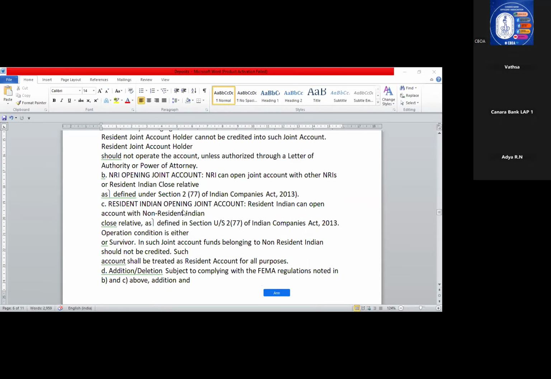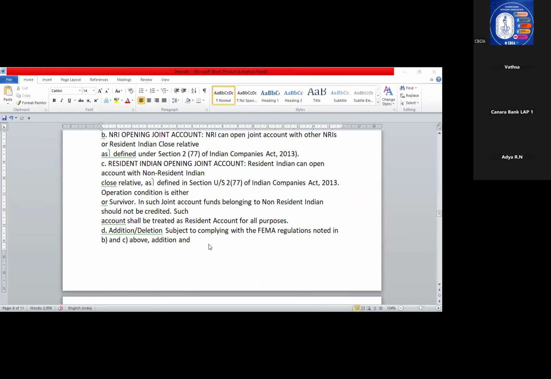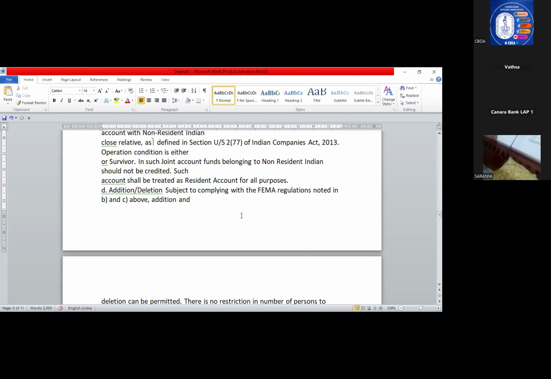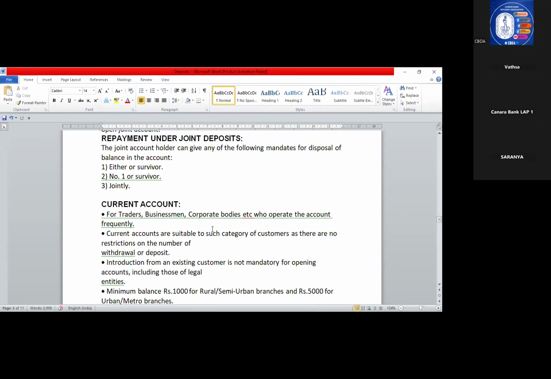Okay, this is the difference between NRI opening a joint account with the resident and a resident opening a joint account with the NRI. Okay. So addition, deletion, everything should be complying with the FEMA guidelines as far as NRIs are concerned.